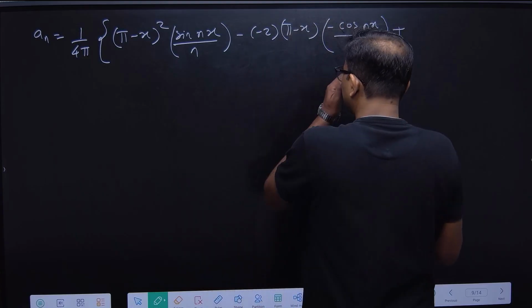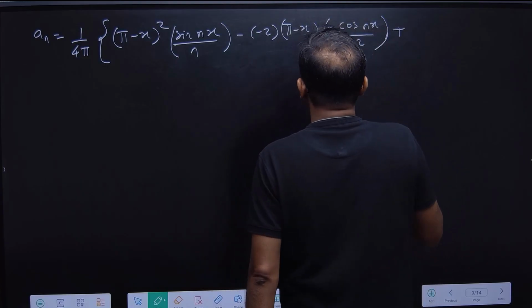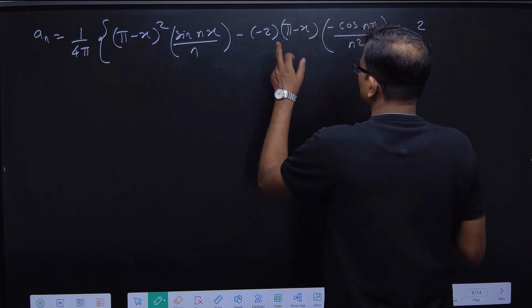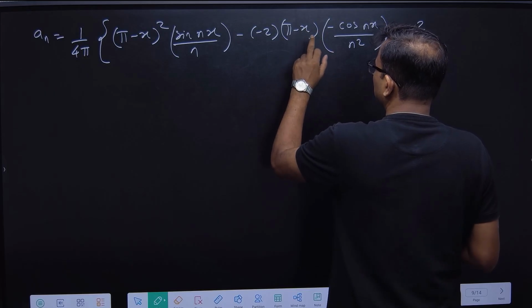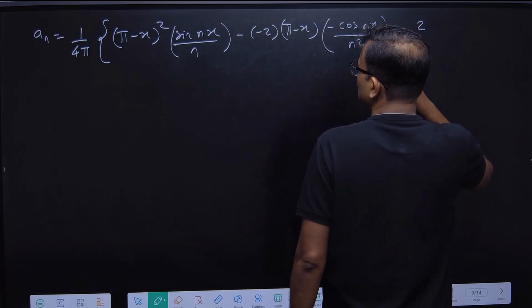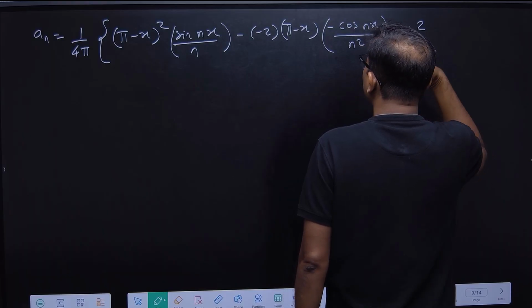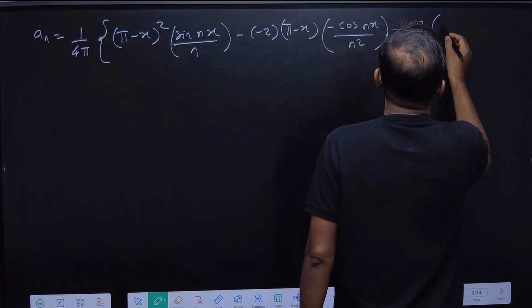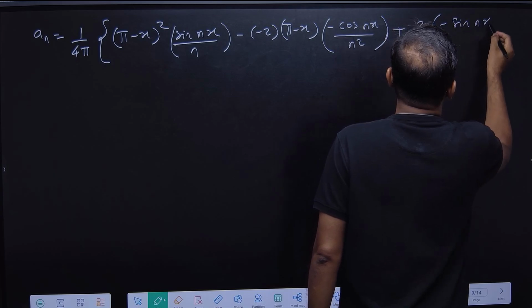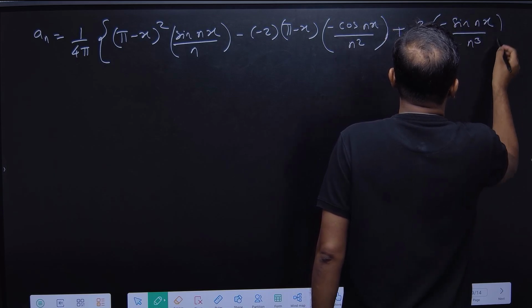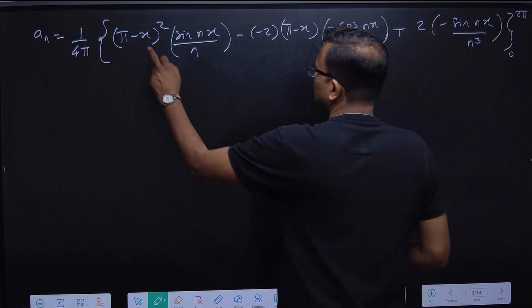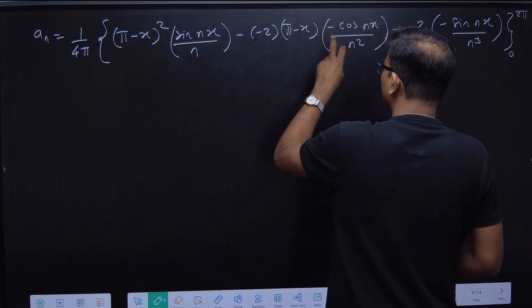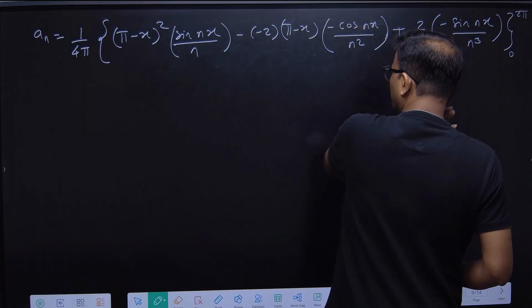Plus the derivative of minus 2 into (pi minus x): minus 2 is constant, then the derivative of pi minus x is minus 1, and minus 1 into minus 2 is 2. So that is u double dash into v3. V3 is minus sin nx upon n cube. And this entire term is within the limit 0 to 2 pi. Remember, here it is u into v1 minus u dash into v2 plus u double dash into v3.